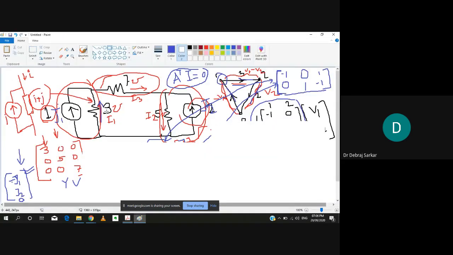So Y bus is equal to A transpose Y into A. So what would be Y bus for our circuit? Our Y bus would be A transpose, Y, A. I want you to solve it.